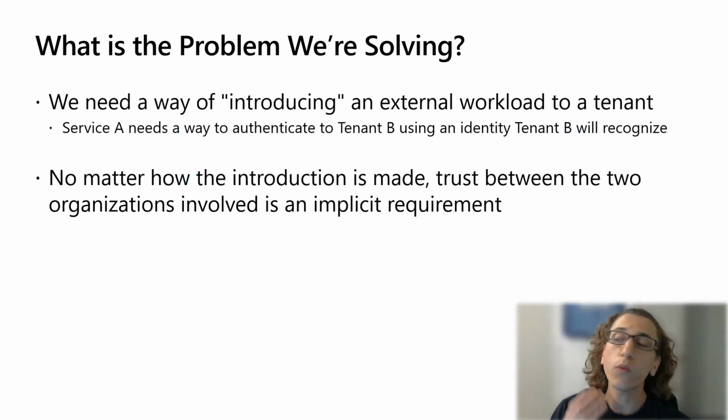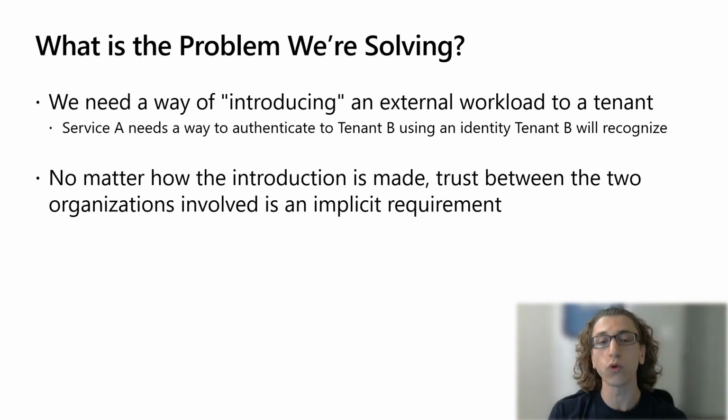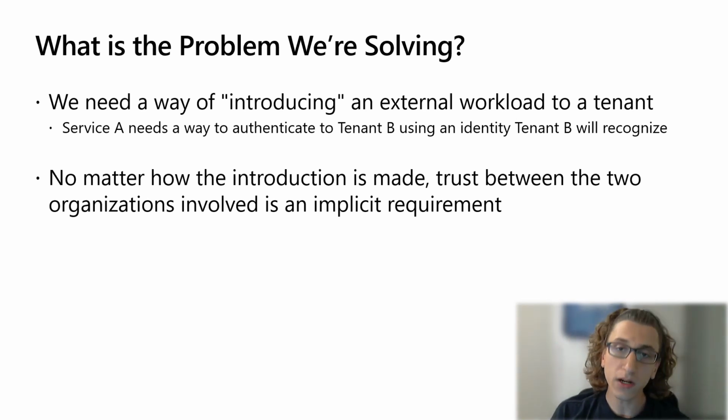And so what we need here is a way of introducing an external workload to a tenant. And perhaps to help clarify what I mean by that, I'd say service A needs a way to authenticate to tenant B using an identity that tenant B will recognize. And we'll talk about a couple of ways to make that introduction, but note that these aren't the only ways.